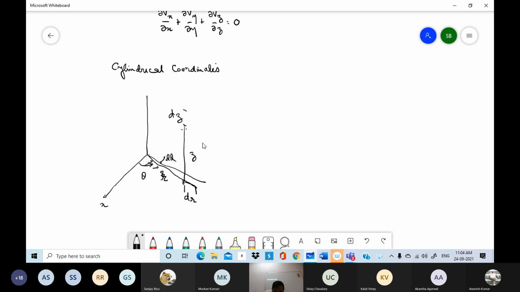So then let's draw this. So r to dr, this is the way it goes. If I change theta, it goes through an angle d theta. And if I change dz, this is what it would be.